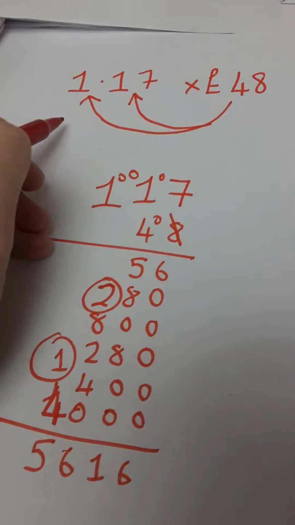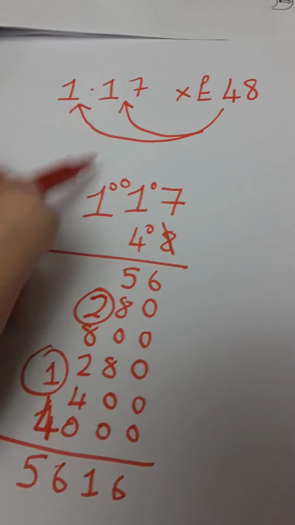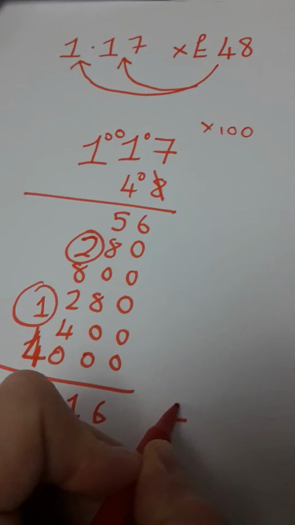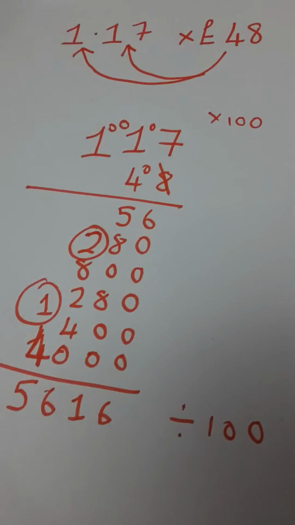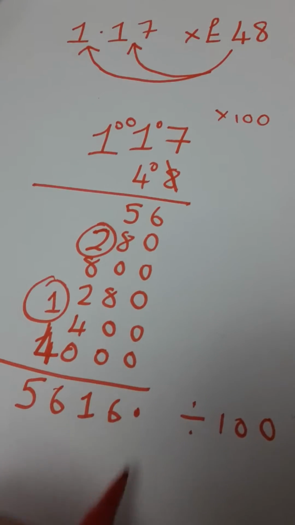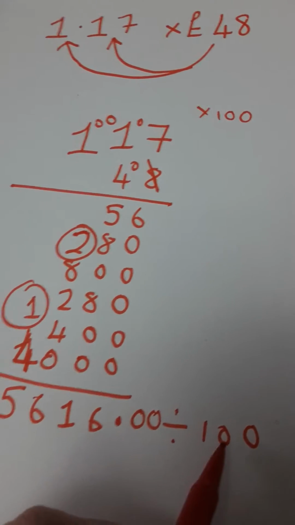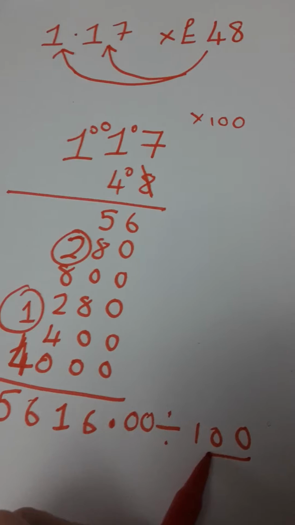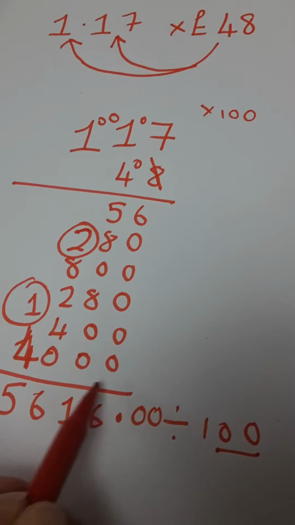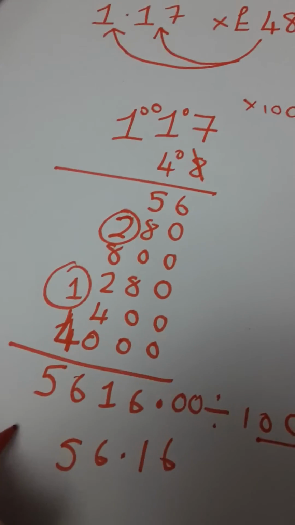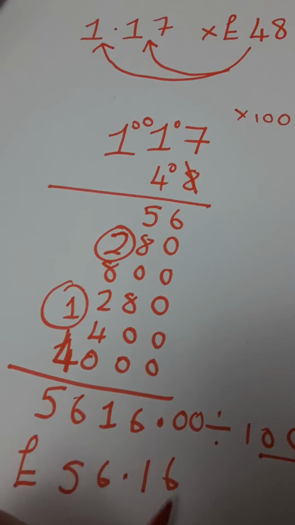Now, because when we went from 1.17 to 117, we had times by 100, we need to divide our answer by 100 at the end. So at the moment, our decimal place is here, but because we're dividing by 100, that means two numbers have to be pulled to this side of the decimal point, so we end up with £56.16.